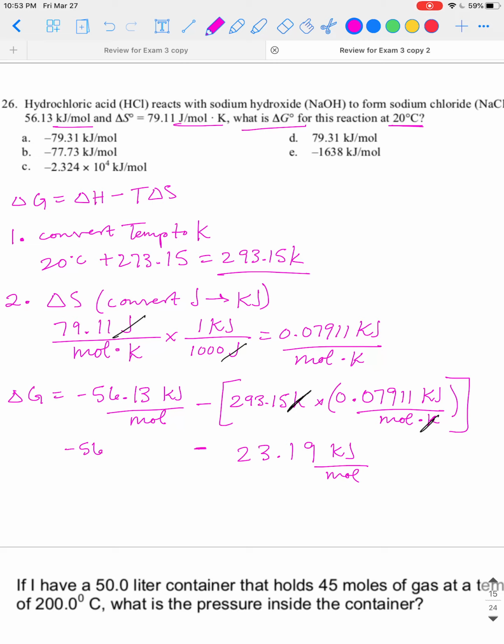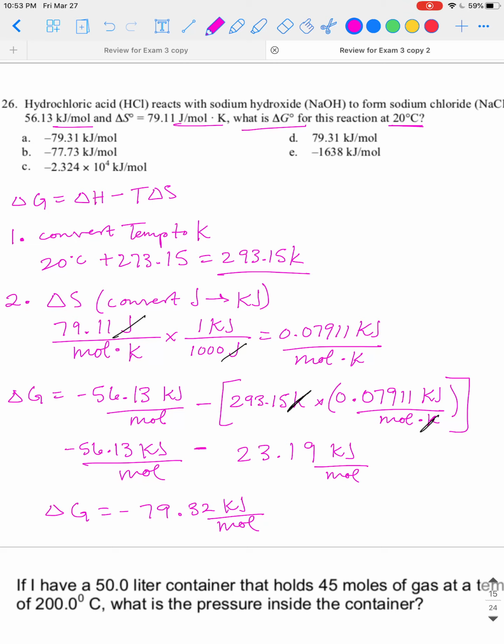We also still have delta H, which is negative 56.13 kilojoules per mole. So it's just negative 56.13 minus 23.19. You should get that delta G equals negative 79.32 kilojoules per mole.